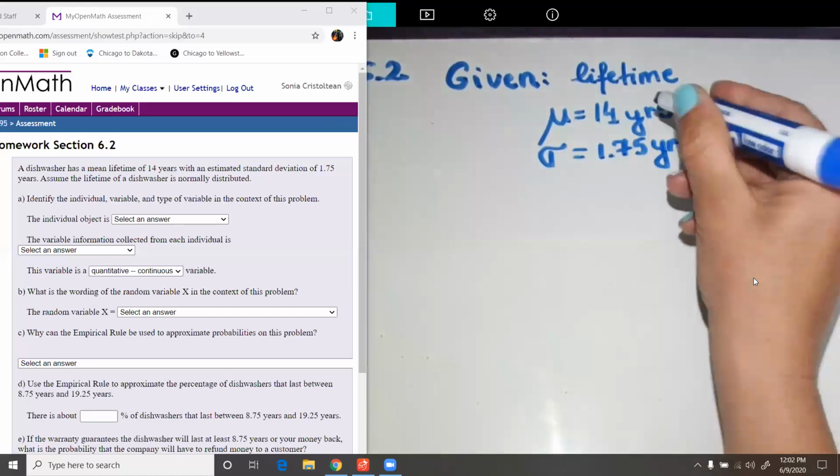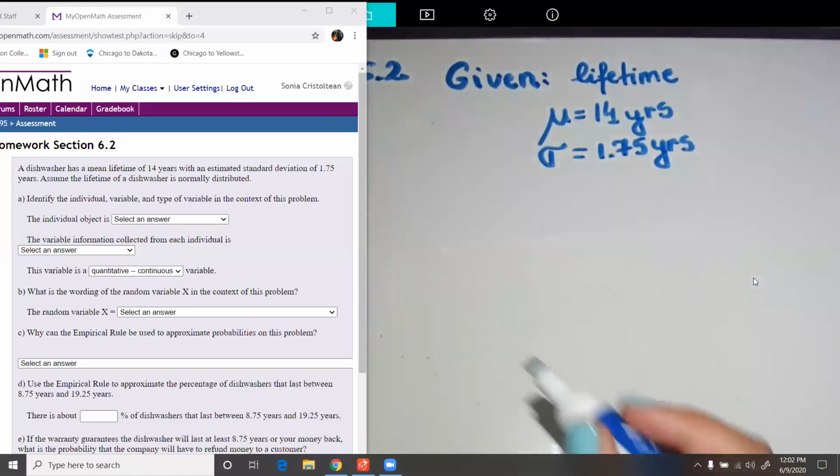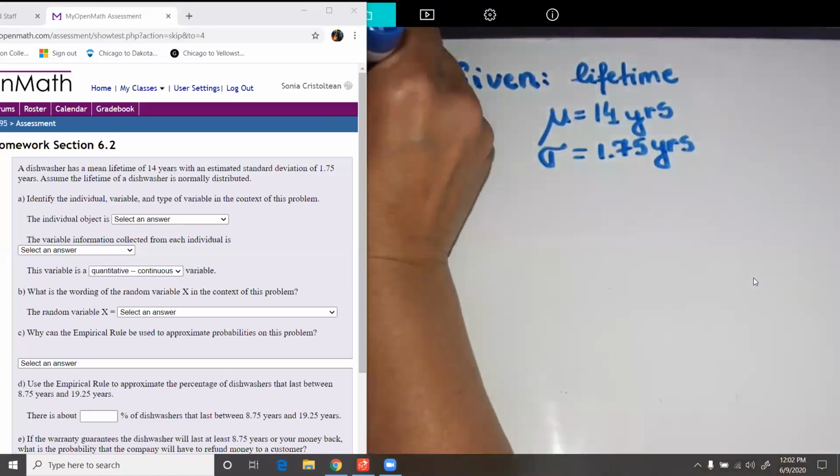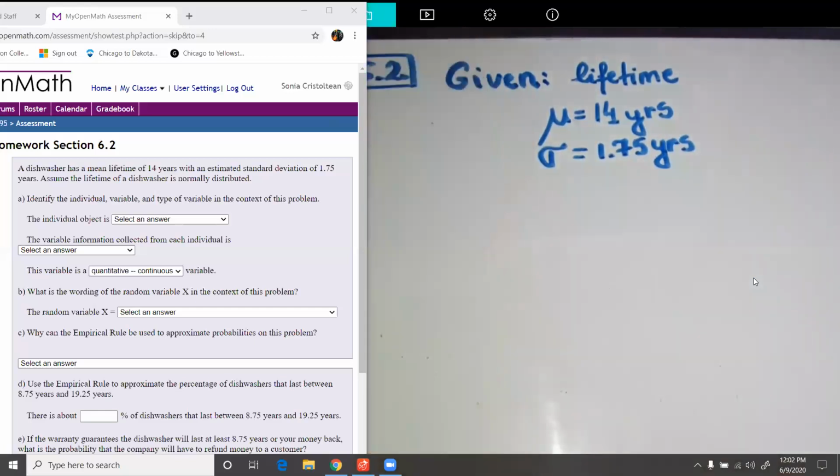Because this implies the population, so we're talking about parameters over here. Okay. Identify the individual variable and type of variable in the context of this problem. So the individual object is, if you look at all the possible answers you can choose from, the best one will be a randomly selected dishwasher, right?